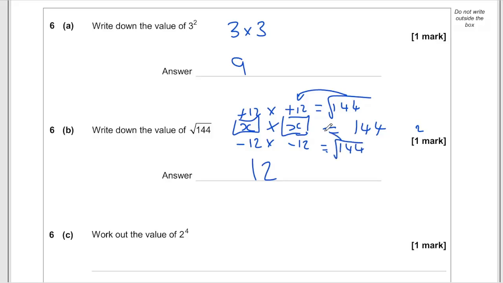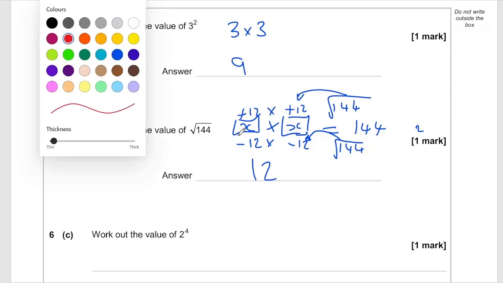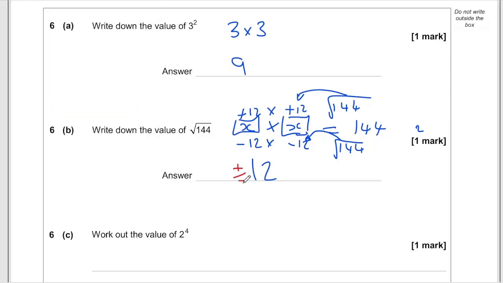So if I square root it, minus 12 is also a solution. So remember it's plus or minus 12. But because it's a 1 mark question, you would actually get the marks for just putting 12 in this occasion.